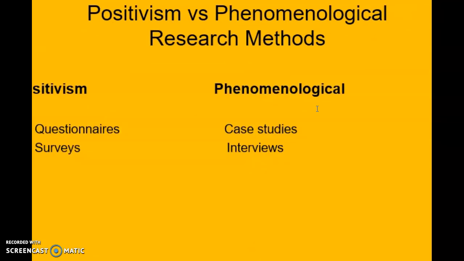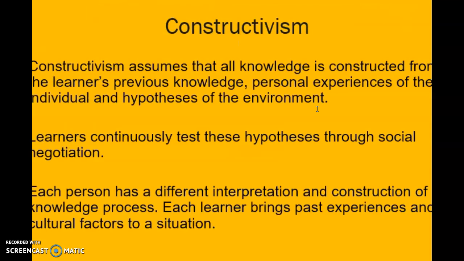And in terms of how it is operationalized, how it is carried out, the positivism approach would use things like questionnaires and surveys, whereas in the phenomenological approach, we could use things like interviews and case studies because we're trying to derive meaning.